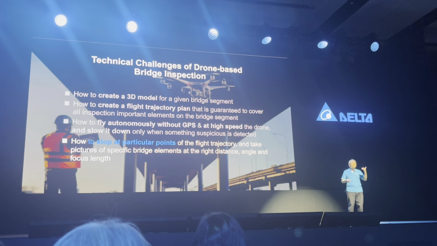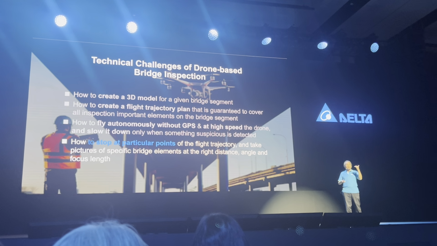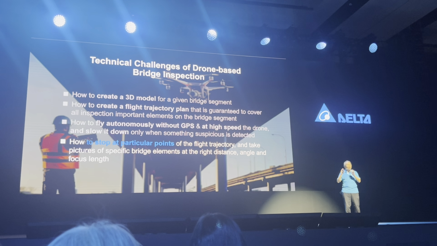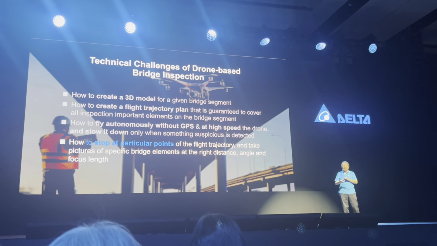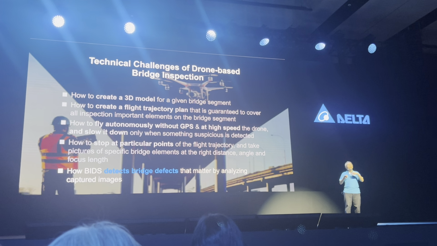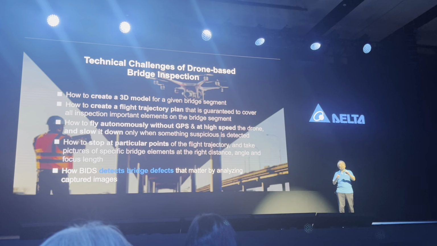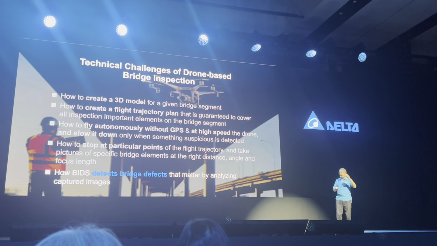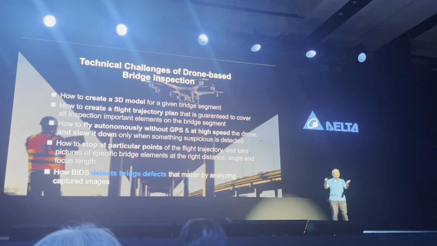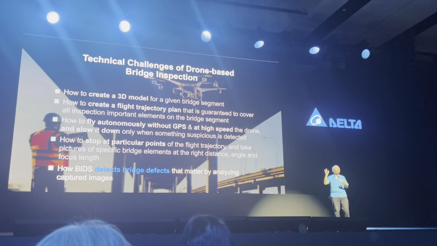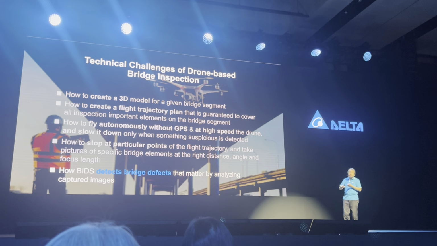And finally, from time to time, the drone has to stop at these inspection elements and take high quality pictures of these inspection elements. And finally, you need to analyze the images captured by the drone to identify defects and classify them into their corresponding categories. Right? So that's the things that you need to do. So all these steps currently are mostly done manually, and we want to automate them away. So that's what we want to do.